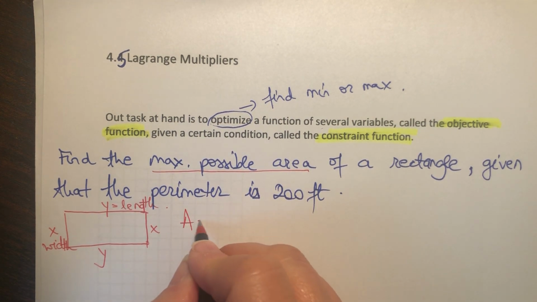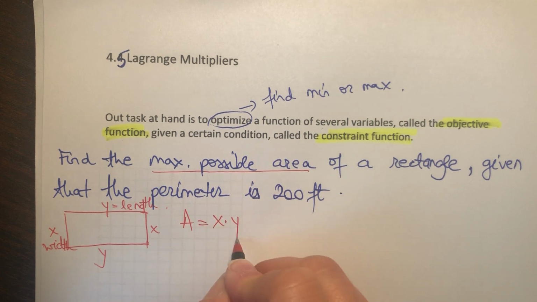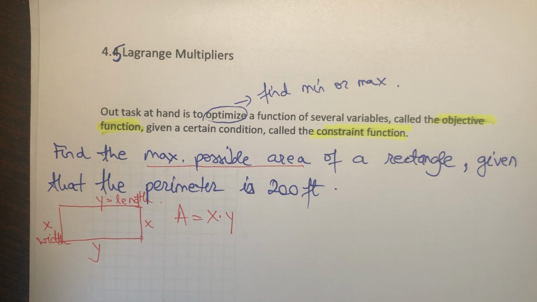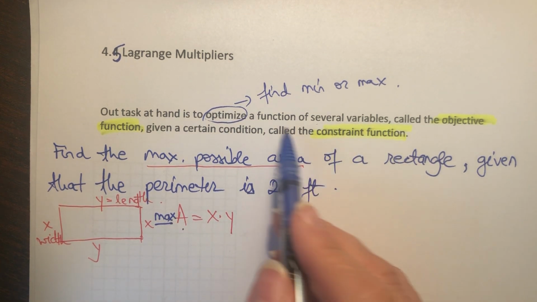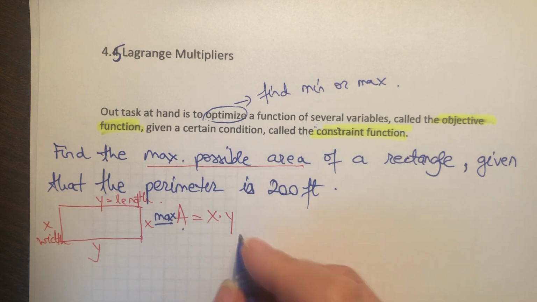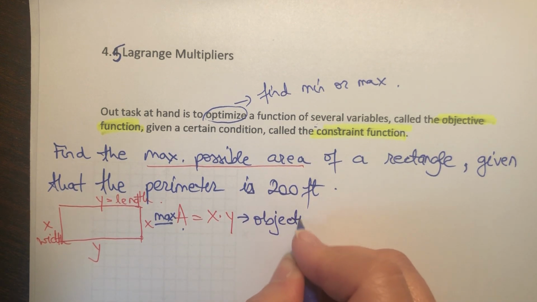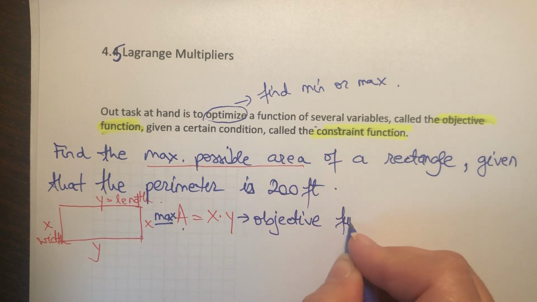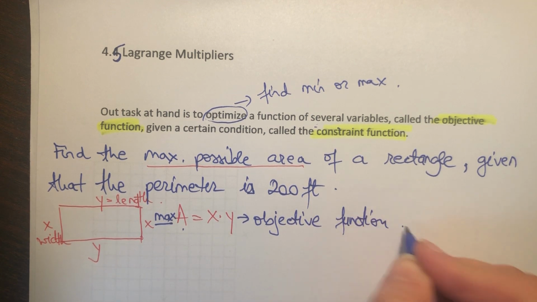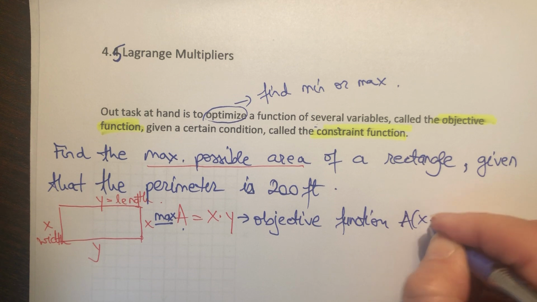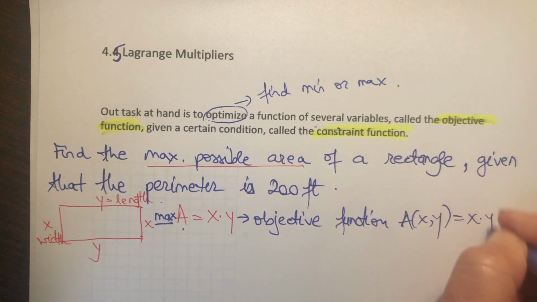So what's the area of a rectangle? The area of a rectangle is x times y. So as you see, you are trying to maximize a function, but this function depends on several variables. This is our objective function. Right? This area is a function that depends on both x and y.